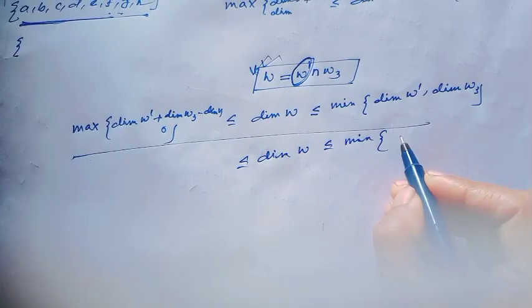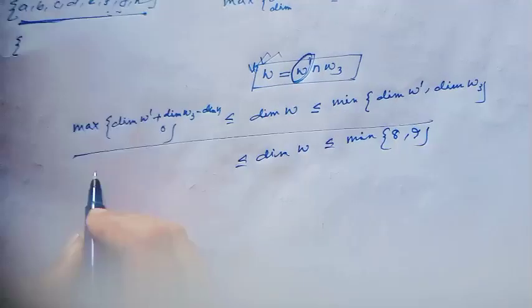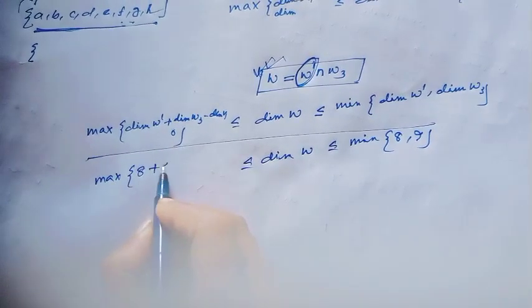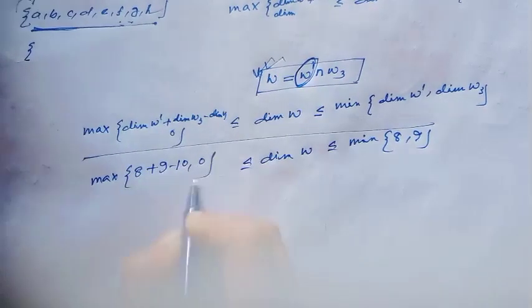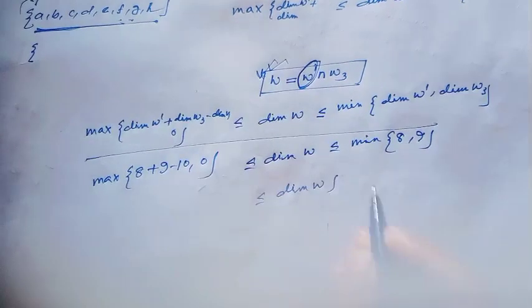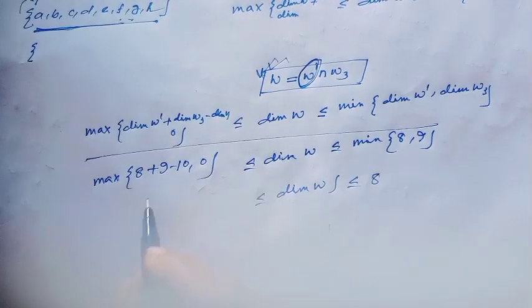Here this would be minimum of 8 comma 9, and this would be maximum of 8 plus 9 minus 10 comma 0. That means the dimension of W is less than or equal to 8, and greater than or equal to 7.